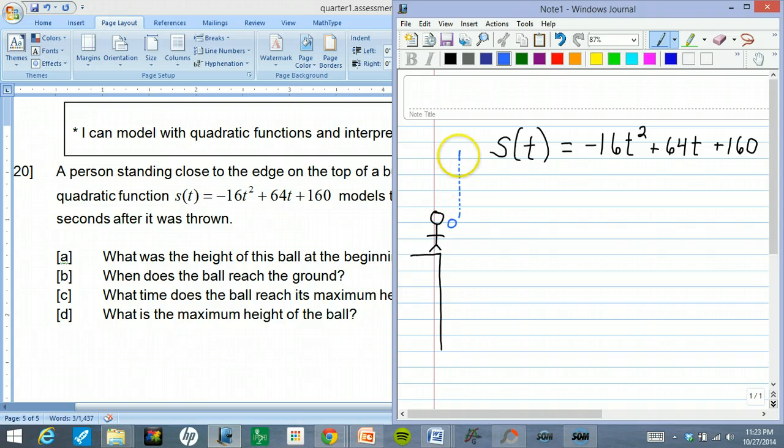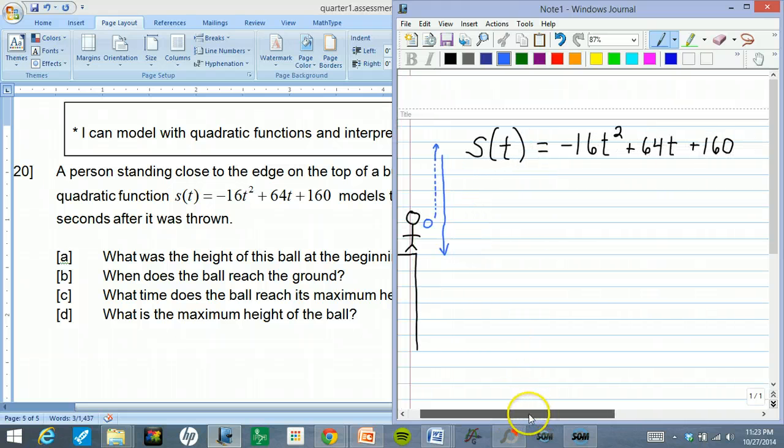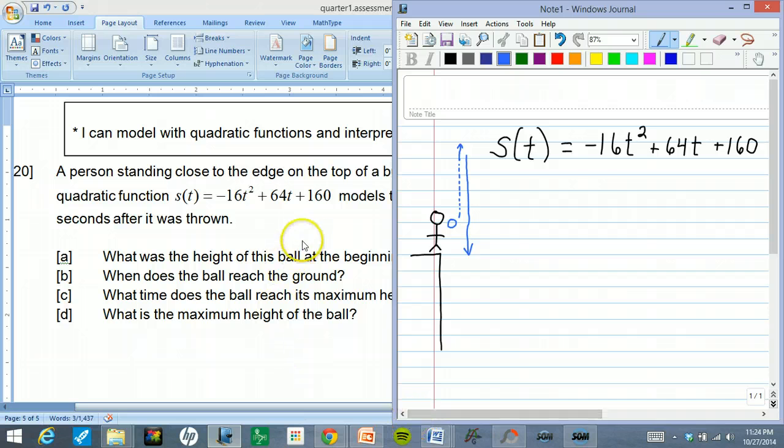And so we know that it's going to hit some height, and then it's going to fall back down. But apparently this function S of t tells the height of the ball if we know how many seconds it's been since the ball was thrown. Alright, simple enough.